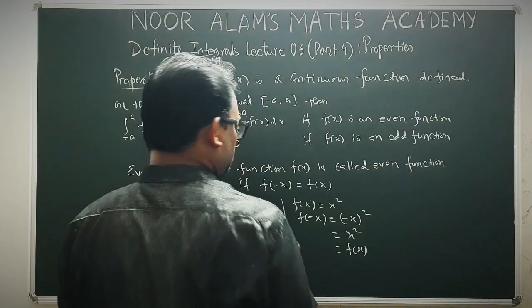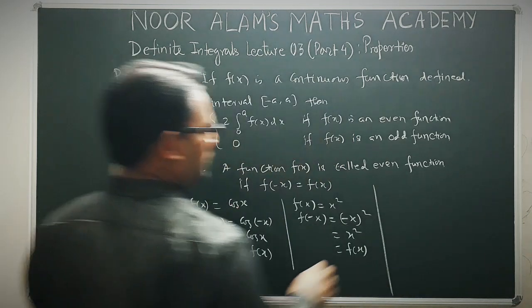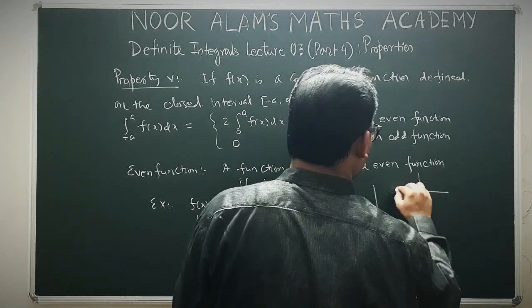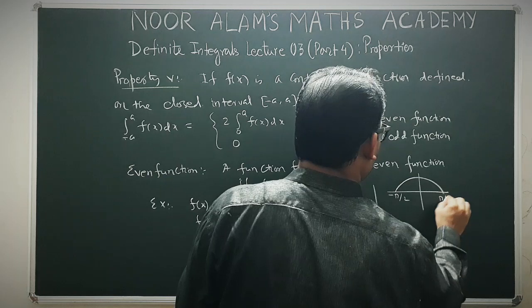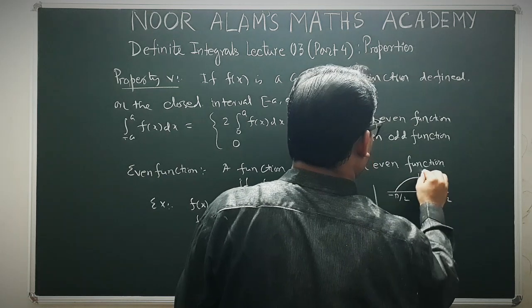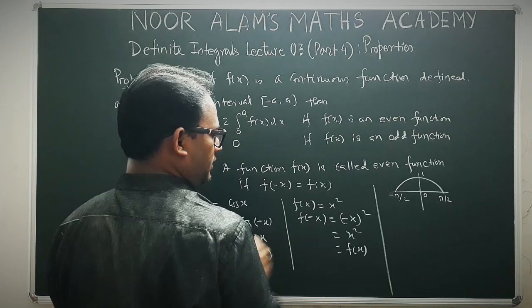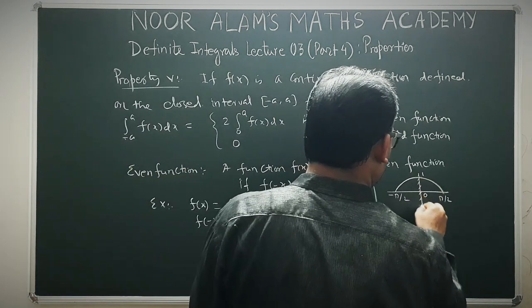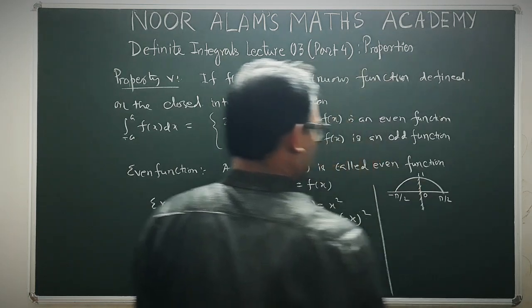Now what is the nature of an even function? We know that cos x is an even function. If I take an interval from minus pi by 2 to pi by 2, then for any even function, you see that it is symmetric with respect to the y-axis.